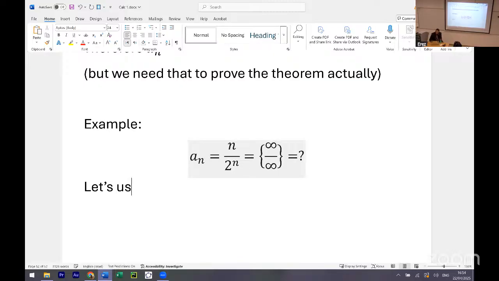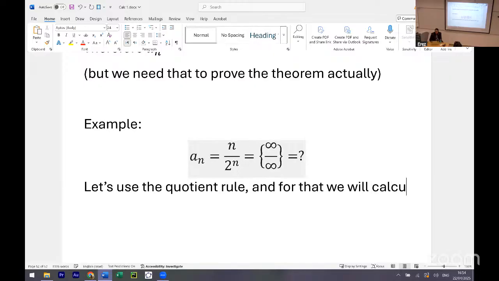I wonder if someone who never learned about exponential growth will think it's so clear. In any case, let's use the quotient rule, law, theorem, whatever. And in order to use it, we calculate the limit of the quotient.